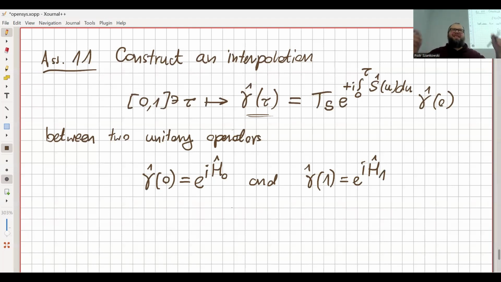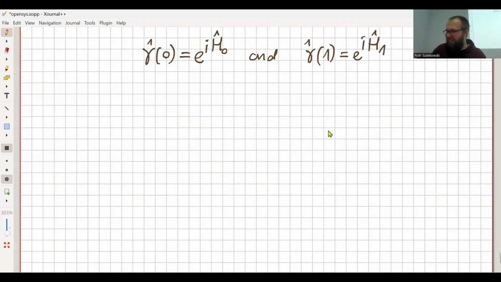You know what linear interpolation between two vectors, or between two colors, would look like. You know LERP, right? So this is an interpolation, but for unitary operators. What the hell is going on here? And it's supposed to be like a time order. So what's going on? Here is the math story behind this whole thing.